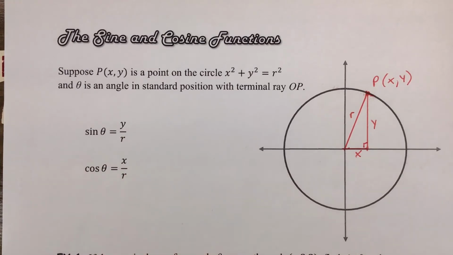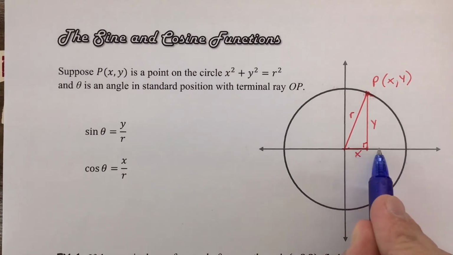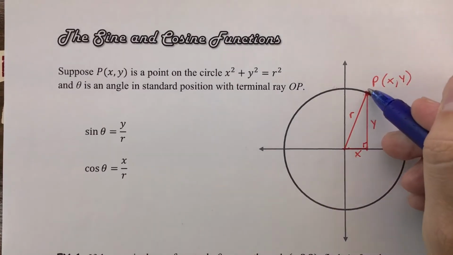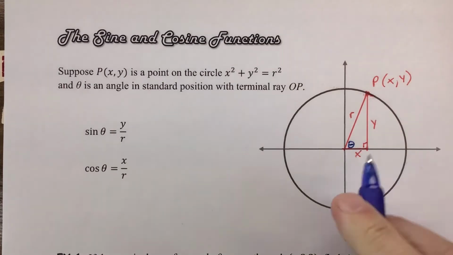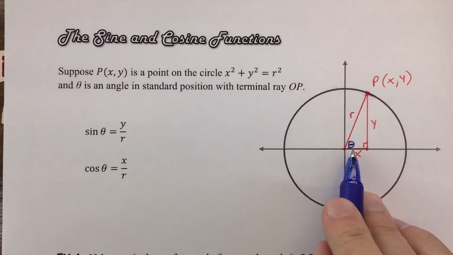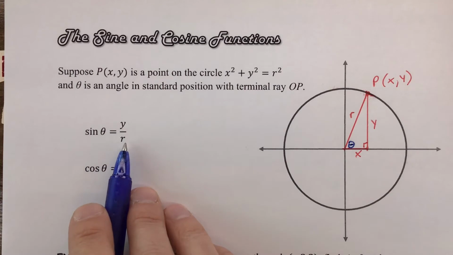Now our theta in the picture: the positive x-axis would be the initial part of our angle, and then it rotates out until it gets to point P. That would make this angle right here theta. So let's think about how we know sine as a ratio. The sine is the opposite divided by the hypotenuse.